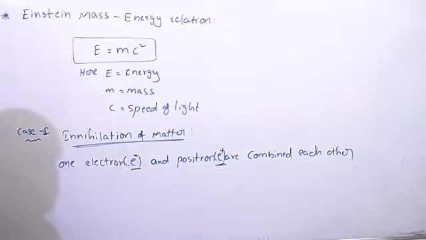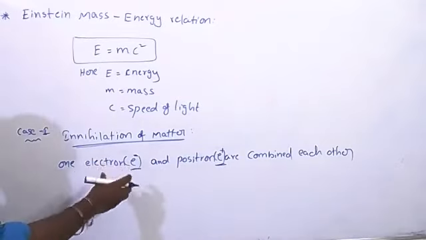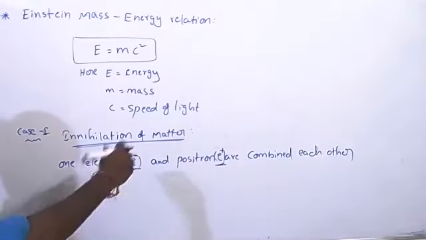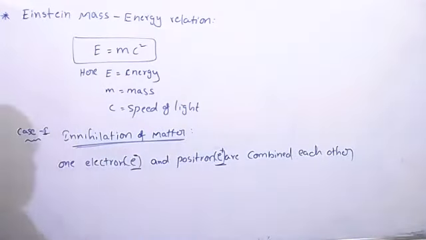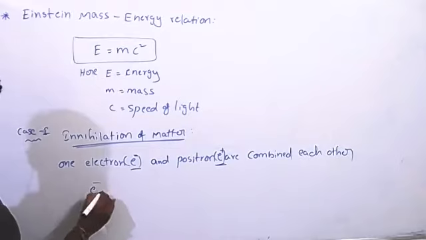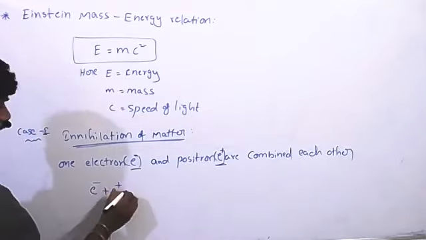They will destroy with each other. So one electron plus one positron, if you combine, they will destroy with each other.